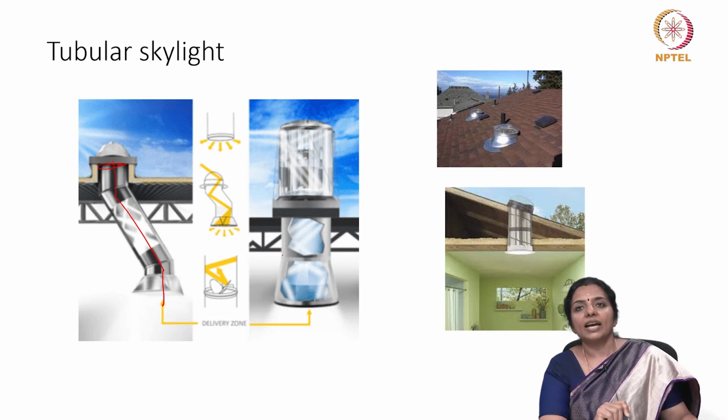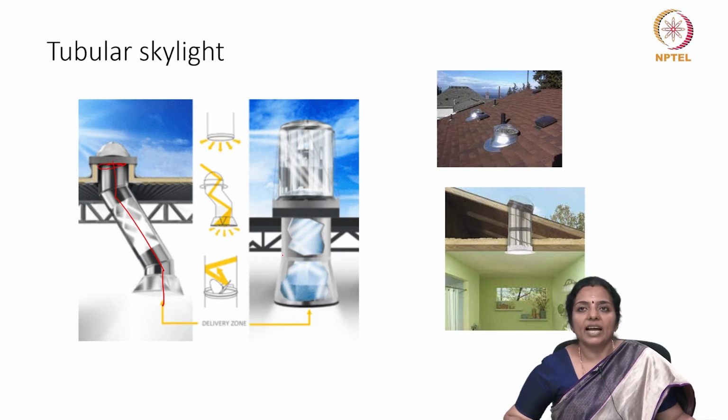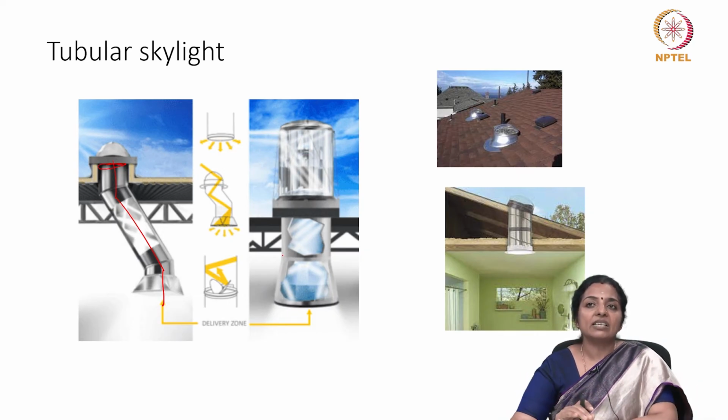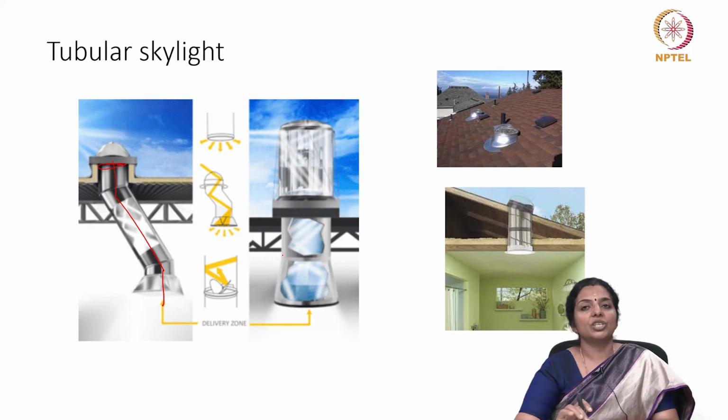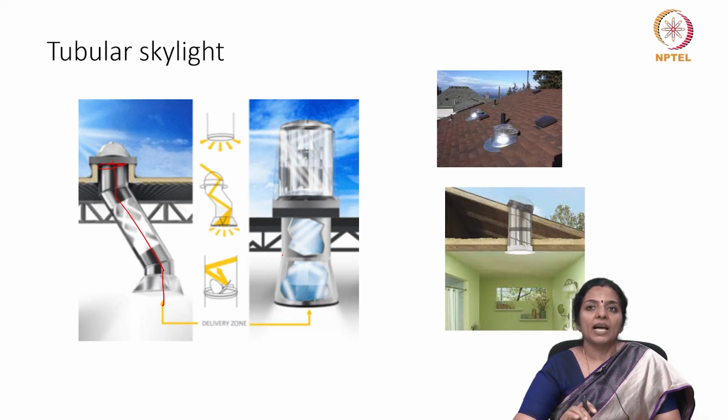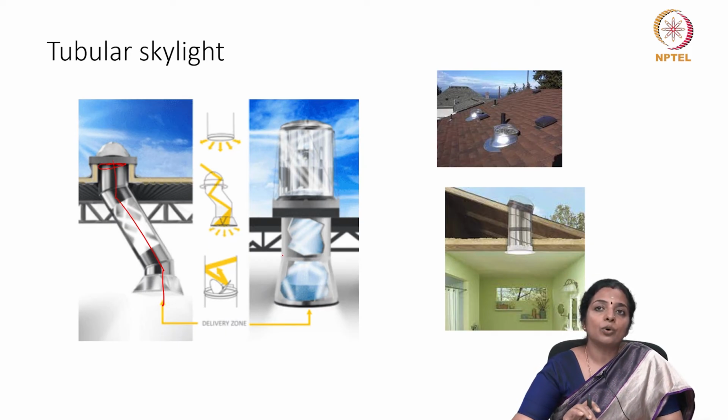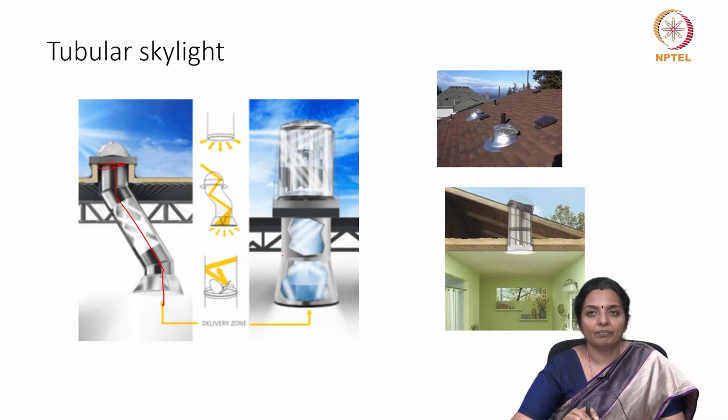So, they can transmit daylight deep into the building's darkest recess, reaching areas beyond the wildest dreams of even large commercial skylights. This can be achieved due to the highly malleable nature of their reflective tubing, which can be bent to create elbow joints along the way.